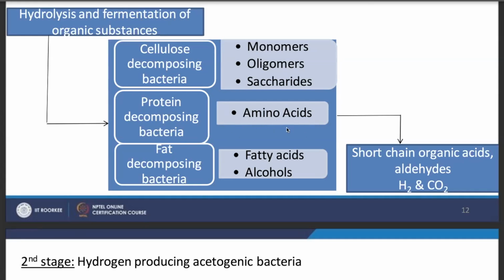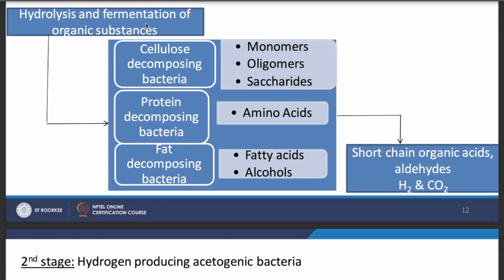As I mentioned earlier, like oligomers, peptides are a chain of 2 to 10 amino acids, small proteins. For fat, if you decompose fat, you will get fatty acids and alcohols. So these are the monomers of which these complex compounds are made.